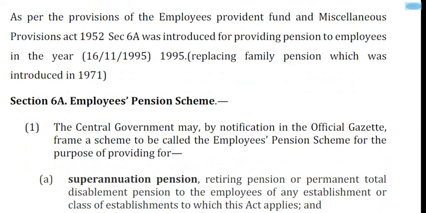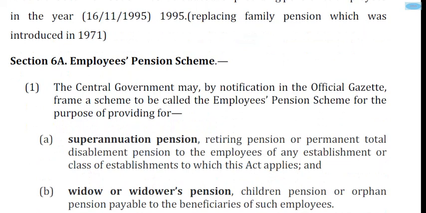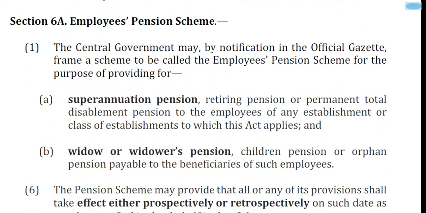It empowers the central government to issue a notification to bring about a scheme called the Employees Pension Scheme to provide benefit to the employees on superannuation, retirement, permanent disablement, widow pension, children's orphan pension, etc.